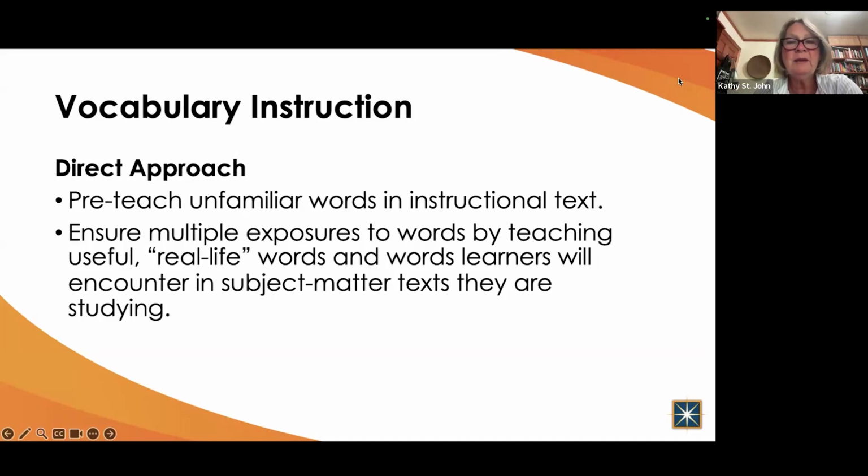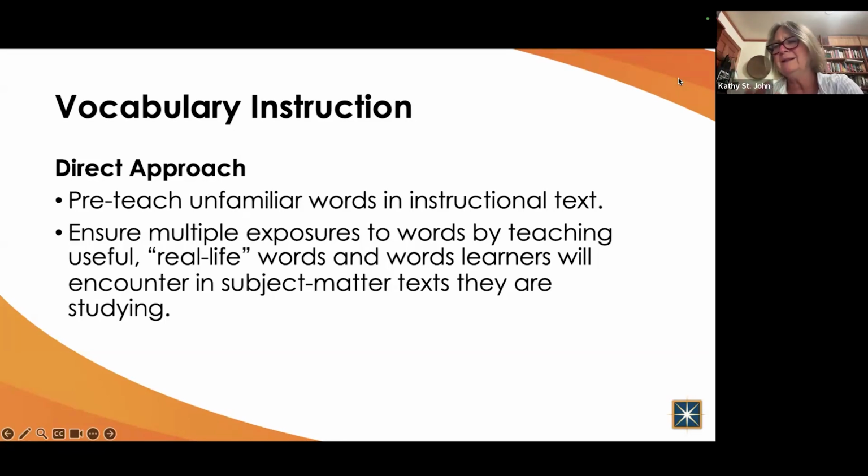So we want to make sure that we are exposing our students to many different encounters with vocabulary words, making sure that they see them, say them, listen to them in lots of different ways, many, many times.